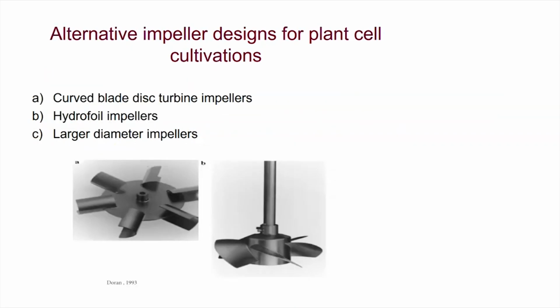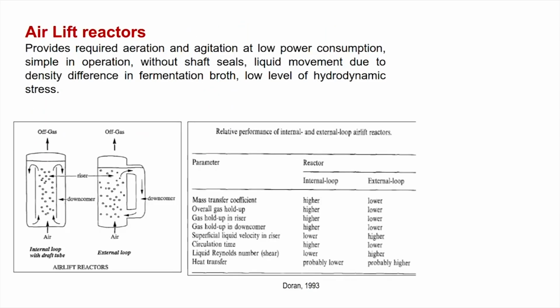Now, alternative designs which you will see are disc turbine curved blade reactors, then large diameter impellers. Airlift reactors are pneumatically driven reactors. So, the first picture is your inner loop reactor, the second is the outer loop reactor. Now, the outer loop reactor will improve mass transfer. Why?